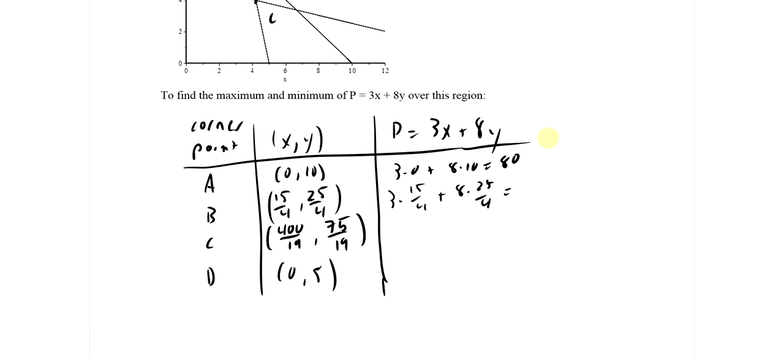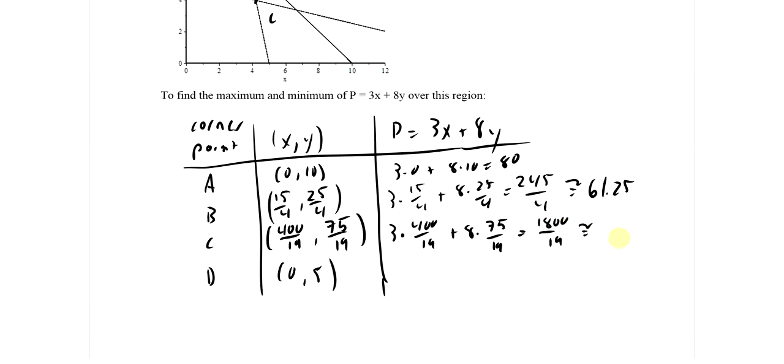If you grind that through your calculator, it should come out as 245 over 4, which is about 61.25. If you plug the coordinates of C into P, you get 3 times 400 over 19 plus 8 times 75 over 19, which turns out to be 1800 over 19, which is about, as a decimal, 94.74.